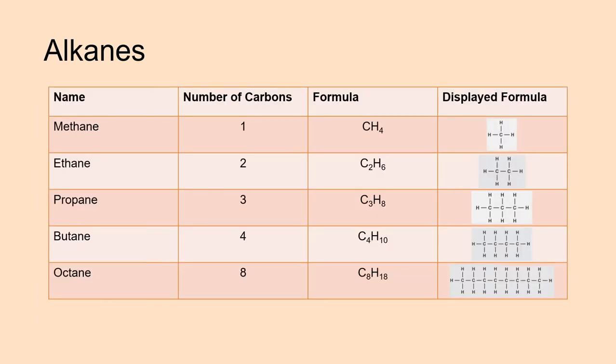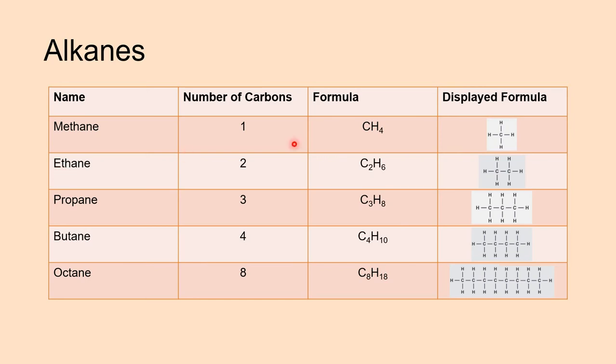So, here is a table that summarises some alkanes that we need to know about. Methane contains 1 carbon, and that can be seen in its formula and in its displayed formula, which has 1 carbon surrounded by 4 hydrogens.